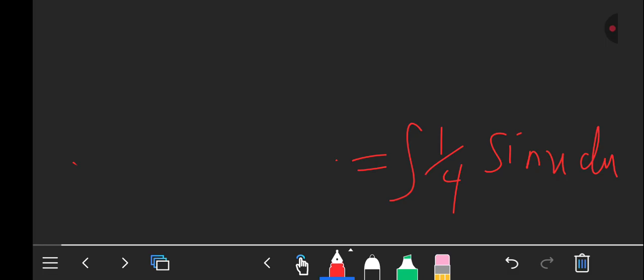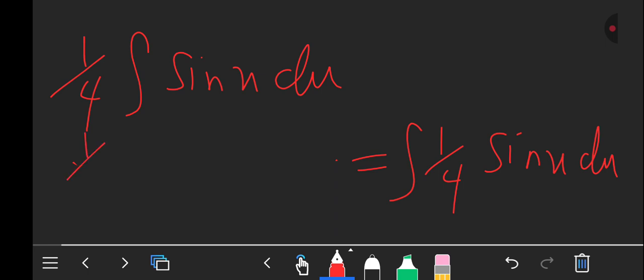So you can take 1 over 4 out. Then you have the integral of sine u with respect to u. So it will be 1 over 4 multiplied by the integral of sine u, which we said is negative cos u.